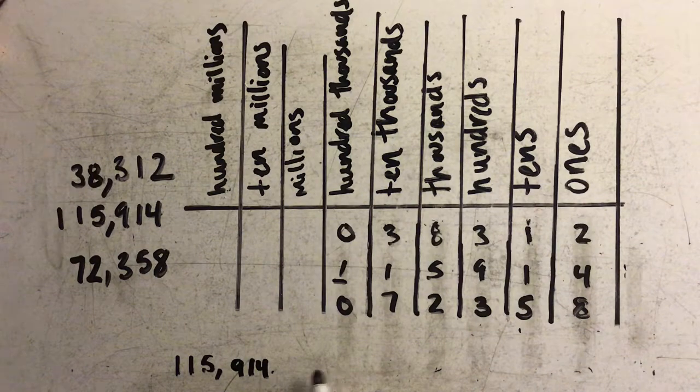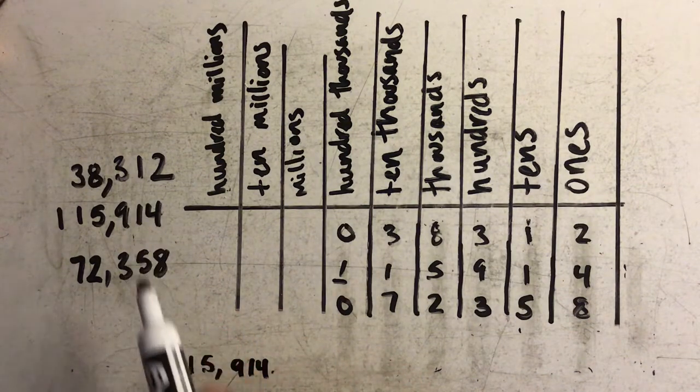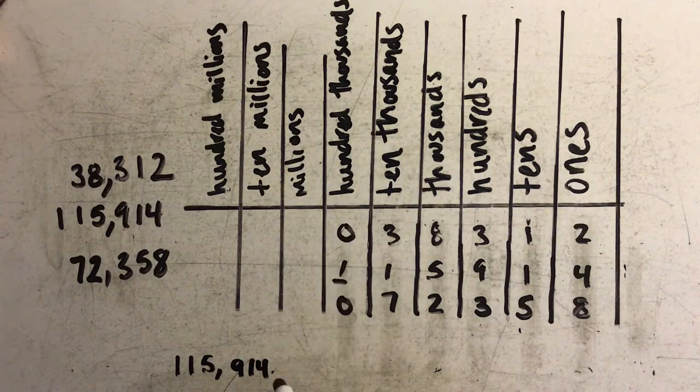When I'm separating my numbers down here from greatest to least or from least to greatest, I want to make sure that I'm using a different symbol other than a comma so that I can very clearly see where one number begins and where the next number begins. You could use a semicolon, which is just a comma with a little dot on top of it. If you wanted to use a slash, you could use a slash as well.